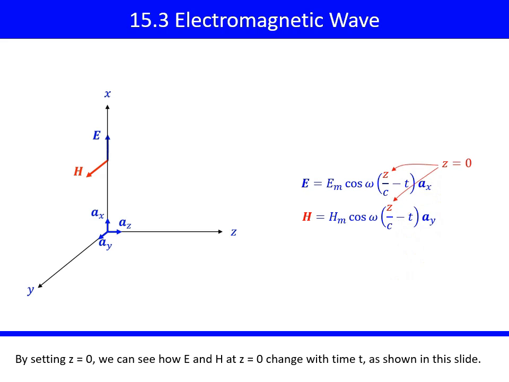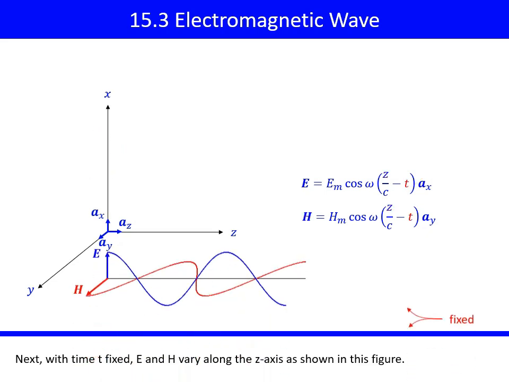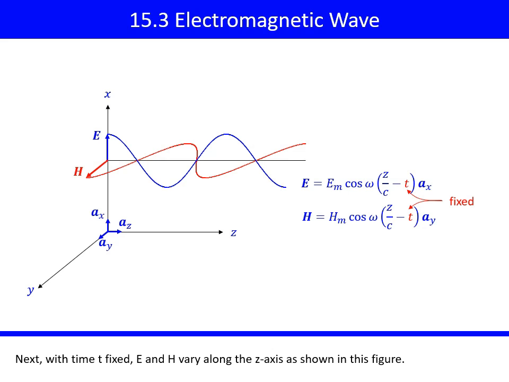By setting z equals 0, we can see how E and H at z equals 0 change with time t, as shown in this slide. Next, with time t fixed, E and H vary along the z-axis as shown in this figure.